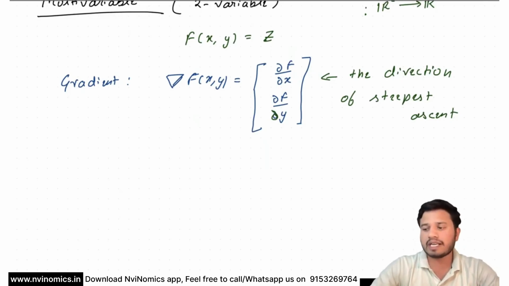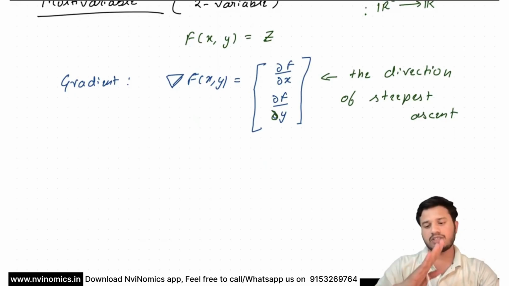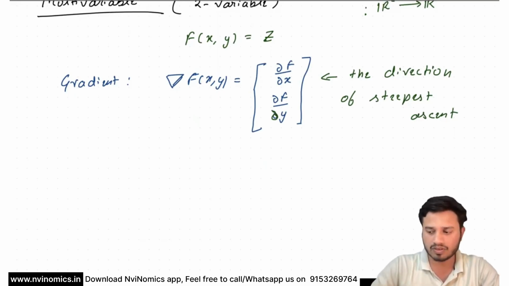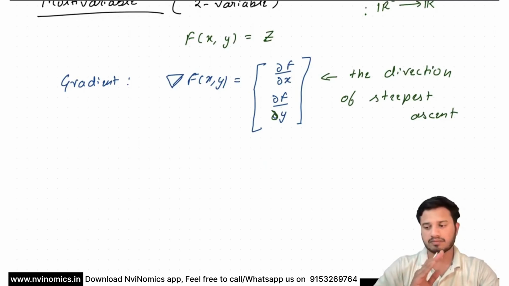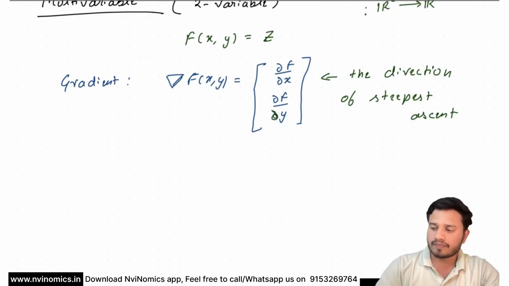So it tells you a direction. In what direction will it point? It will point in the steepest possible direction. या जहां पे सबसे ज्यादा स्टीपनेस होगी ये वहां पे पॉइंट आउट करेगा. ओके, the opposite of it will be steepest descent.